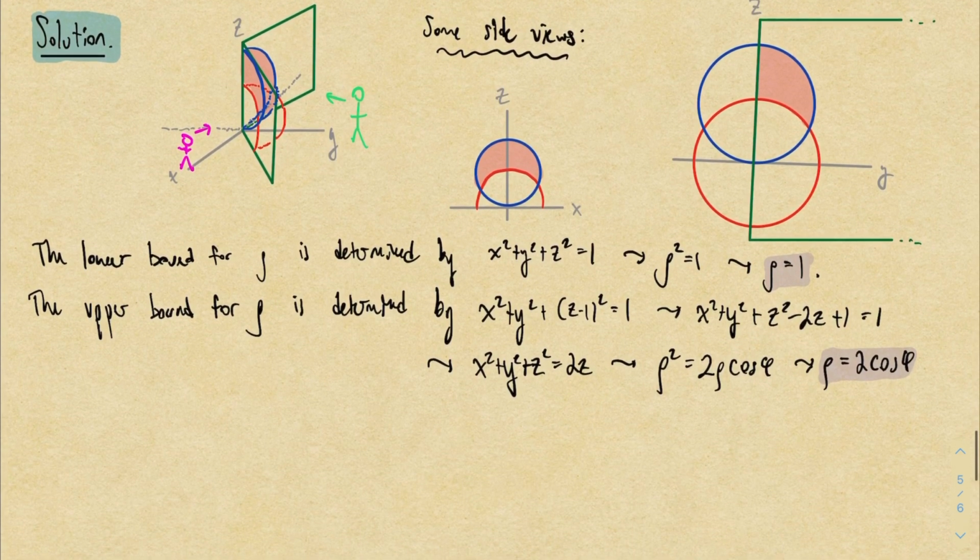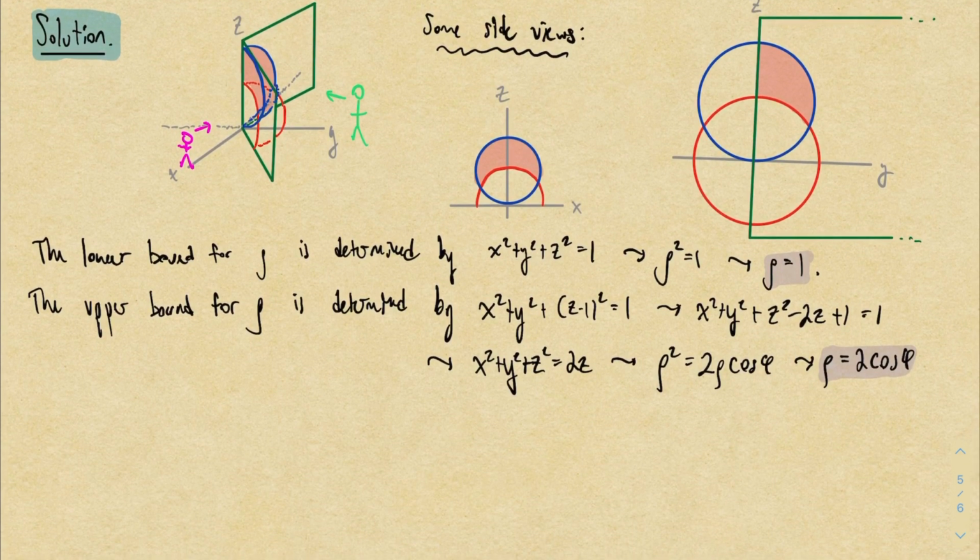Okay, moving on to theta. Now, because theta represents a rotational angle in the xy plane, I'm actually going to draw a fourth picture, which is the projection of this region onto the xy plane. When I do this, the region is mostly cut out by these green planes.